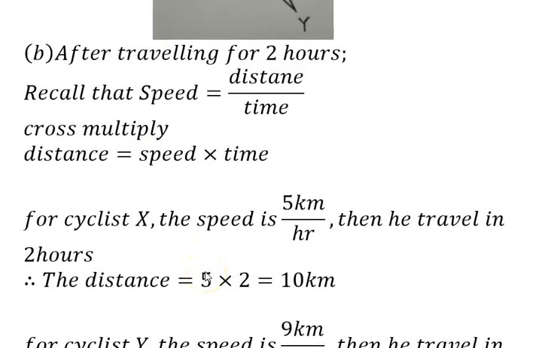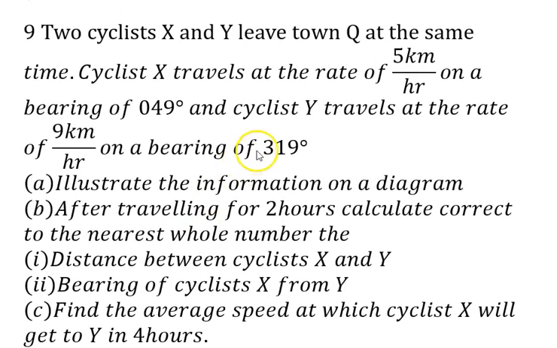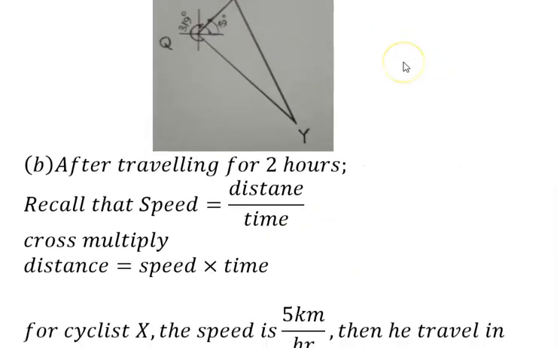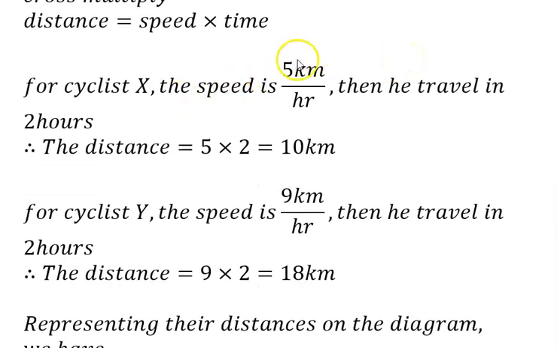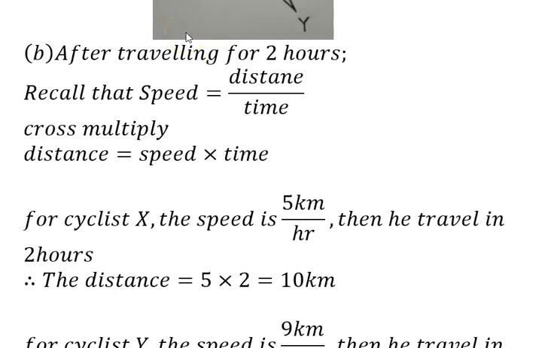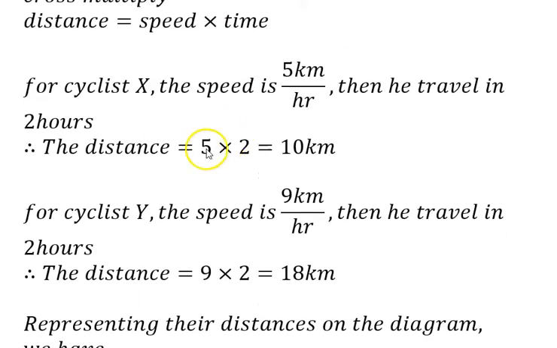But the question says cyclist S travels at 5 km per hour. So for X the speed is 5 km per hour, the time is 2 hours. So the distance cyclist S has covered is 10 km.